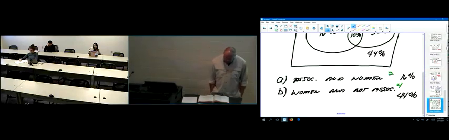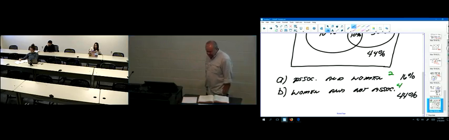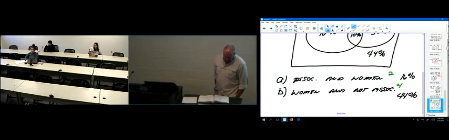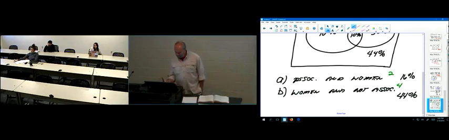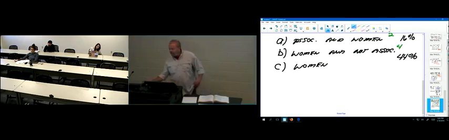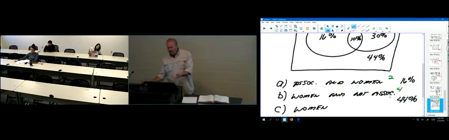I'll do part C. Part C says, what percentage of all degrees are earned by women? So it's just women here. Well, I'm going to go back and look at my little diagram here.